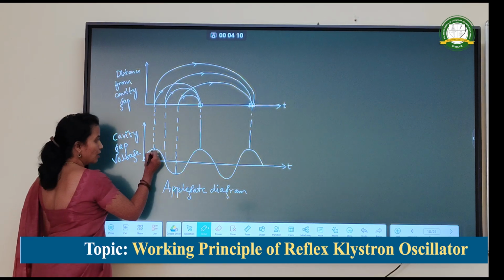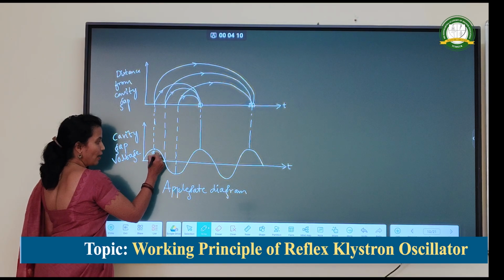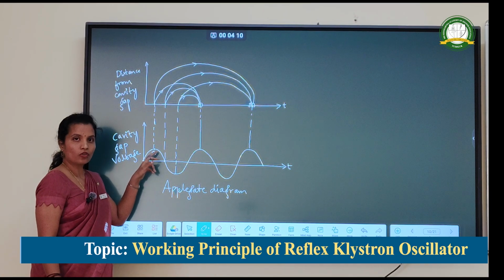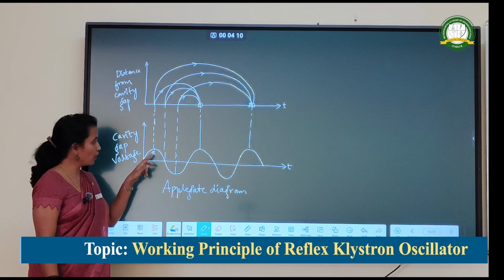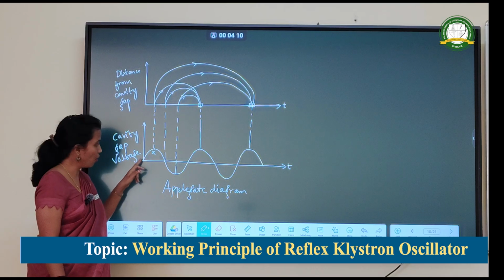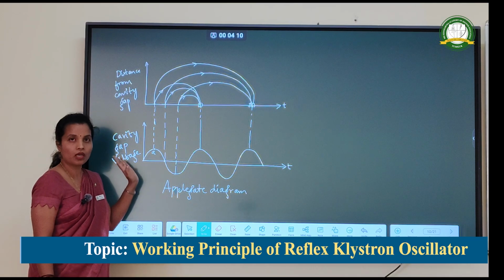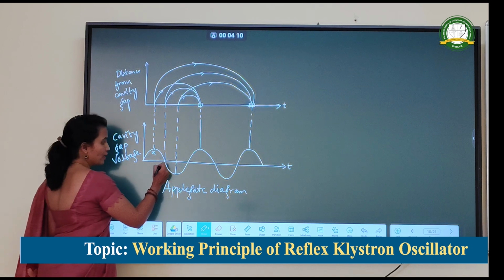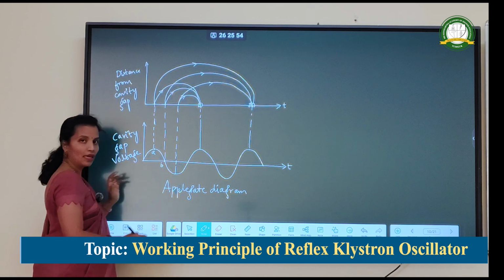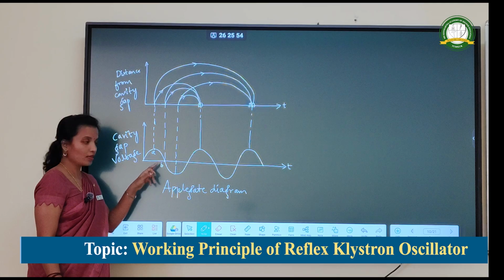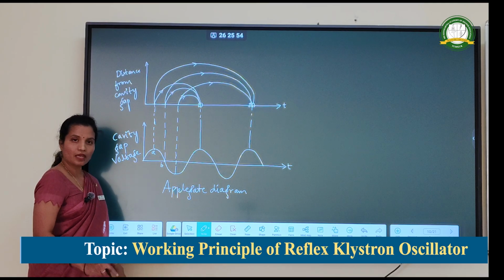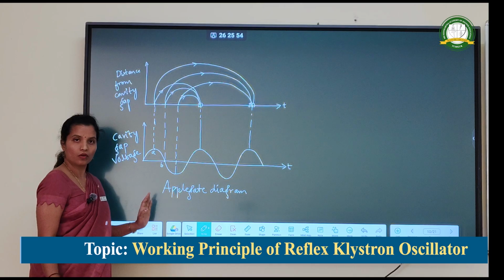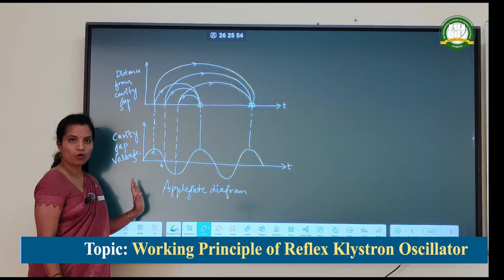Let us consider that point as A, a peak positive point. The electrons moving at the peak positive point, or at any of the positive voltages, will get accelerated. Let us consider a reference point B at 0 voltage. Since the voltage is 0, the electrons will not undergo any velocity modulation.